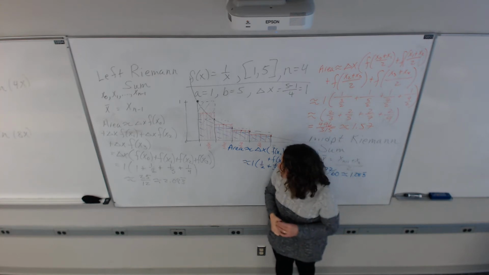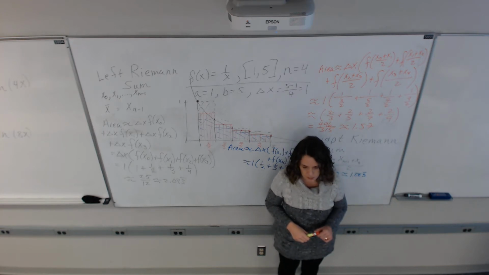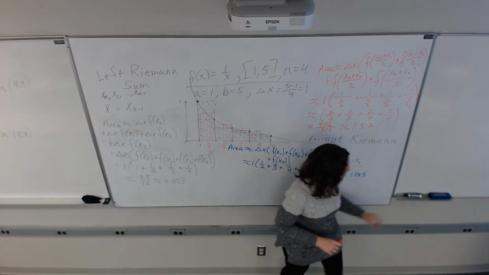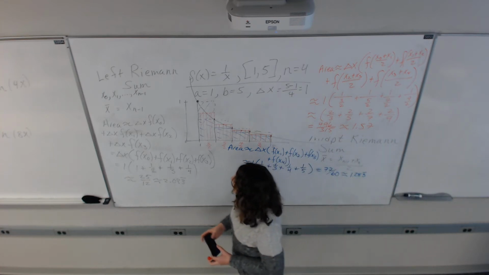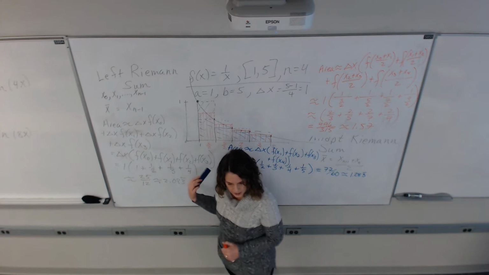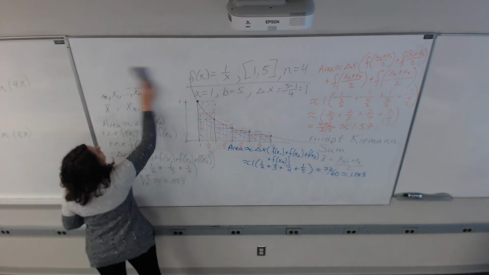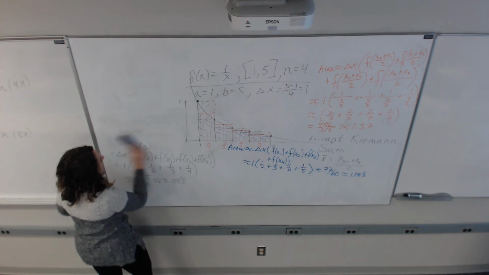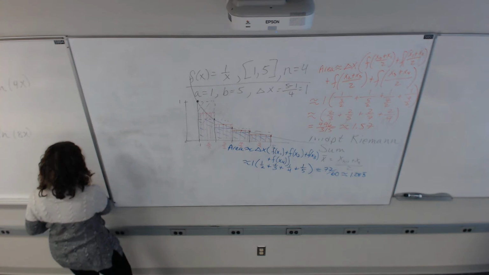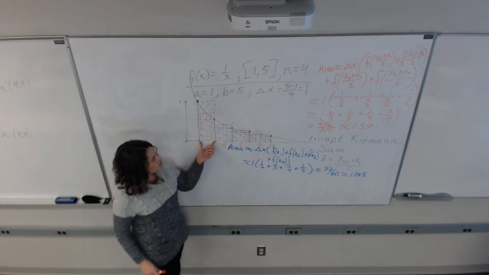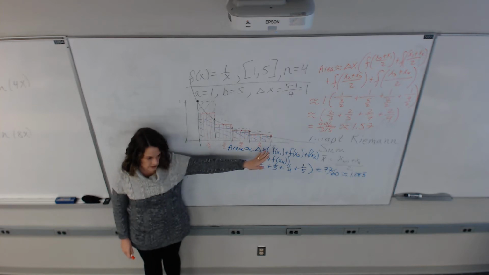But now I want to introduce you to the idea of the definite integral, which is in 5.2. So we'll do just a little bit of 5.2 today, just enough for you to understand how it relates to the Riemann sums. The question is, if I'm going to get the true area under here, then I have to make the width of each box smaller and take more boxes.